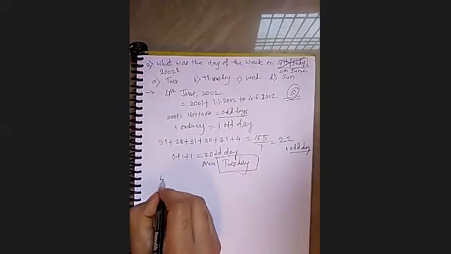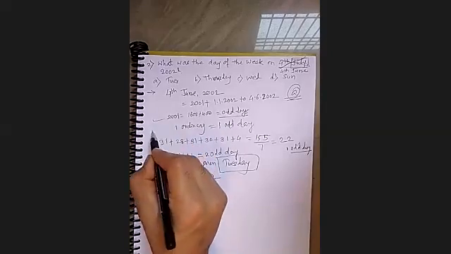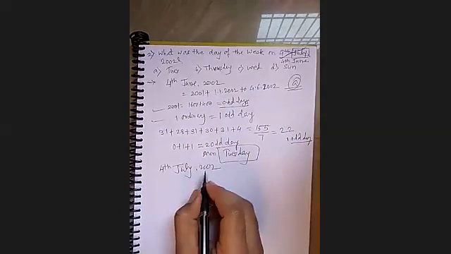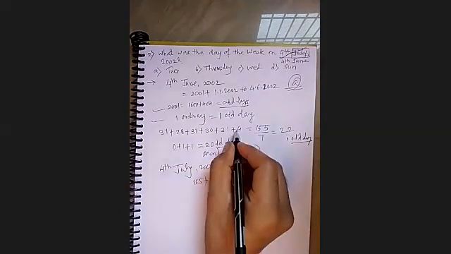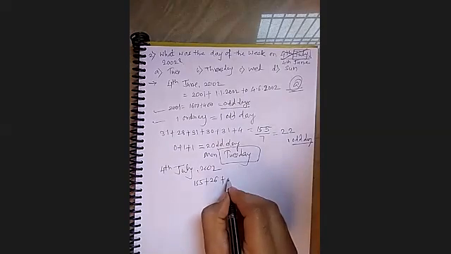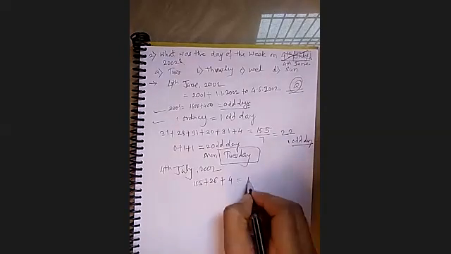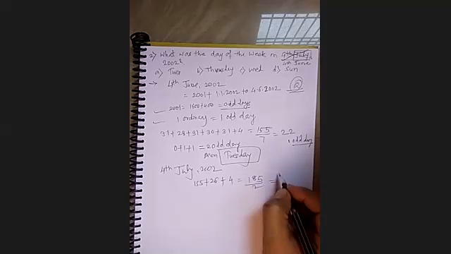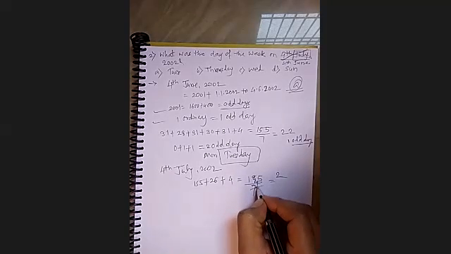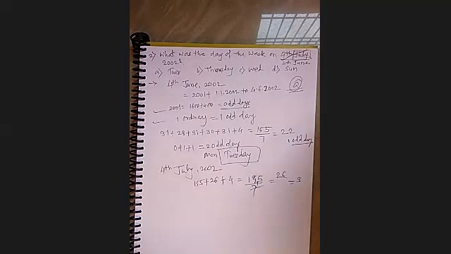Now let's go for 4th of July 2002 and see what comes. Nothing is changing, this part will always be there. So I will write 155 plus 26 plus 4 for 4th July, so it becomes 185. 185 divided by 7 leaves remainder 3.